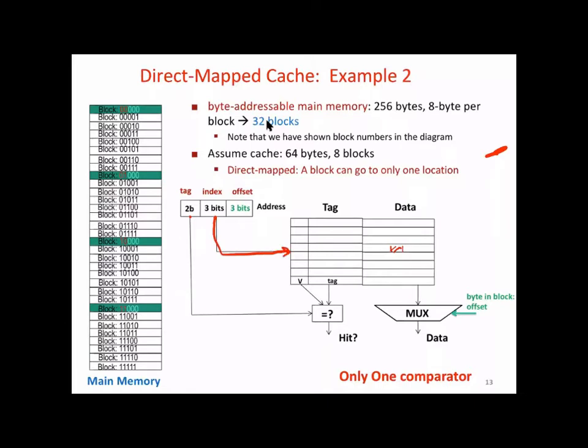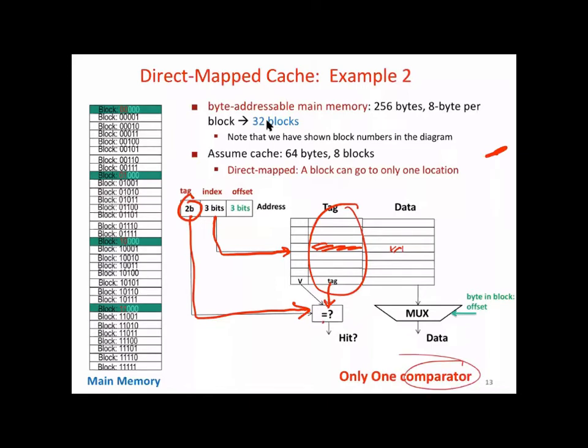You get the tag value. From this store you read the tag bits, for example corresponding to the index. For example, if the index is here, these tag bits will come here. Match it with the tag that you are getting from the CPU. If both match, then there is a hit. If they do not match, then there is a miss. This is a comparator.